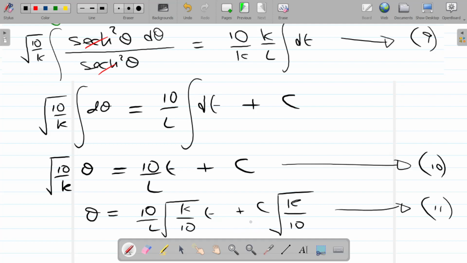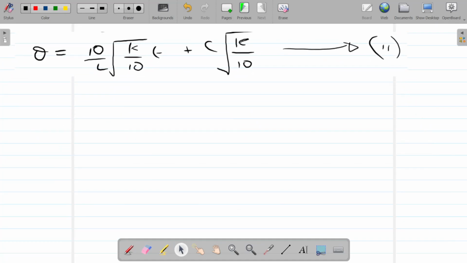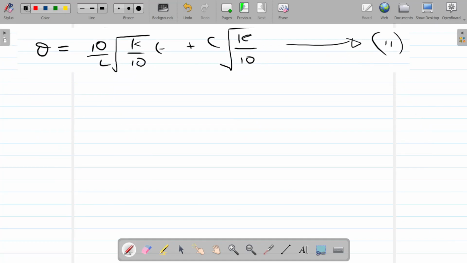Right, so let's just cut and paste equation 11. Right, so we can simplify equation 11 if we wish.